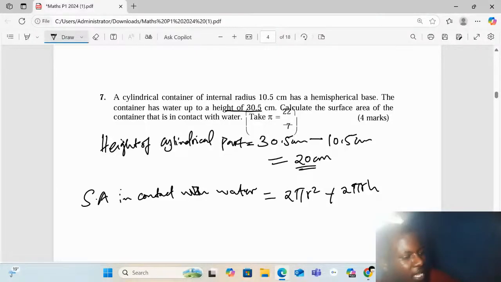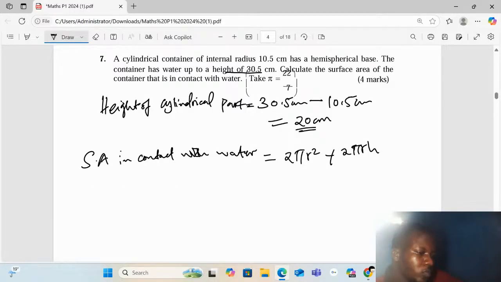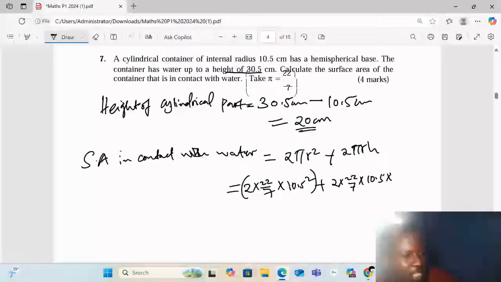So 2 times 22/7 times r, the internal radius, which is 10.5 squared, plus 2 times 22/7 times the internal radius 10.5, times the height of the cylindrical part, which is 20 centimeters.